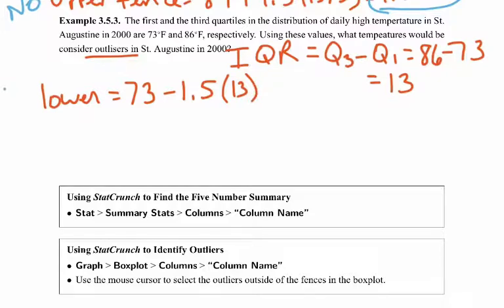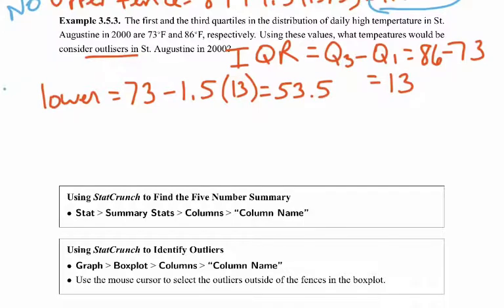Let me go ahead and compute that number. I'm getting a value of 53.5. Check your math against mine, see if you get the same thing. So the lower fence would be 53.5.